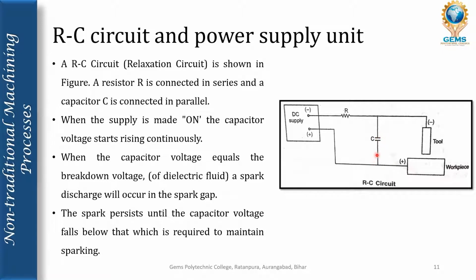If the capacitor voltage goes below the required level, the spark will cut off. And when the capacitor voltage equals the breakdown voltage of the dielectric fluid, the spark will be produced.